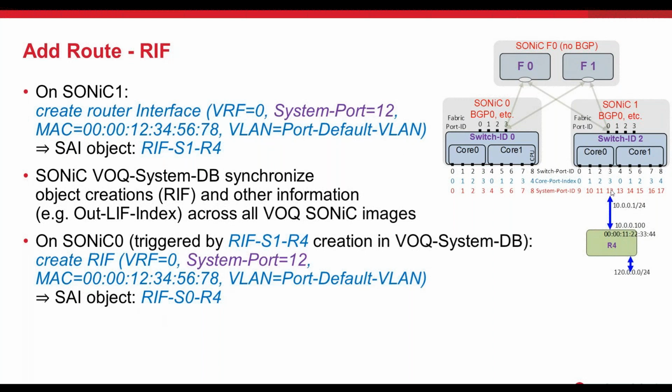I will use just the port default VLAN, or maybe there is an option not to use the VLAN at all, because I'm only concerned about port level router interface, not the port VLAN or anything alike. And the result of that SONiC call will be a SI object. I gave it a name, system 1, router 4. Okay, any questions?